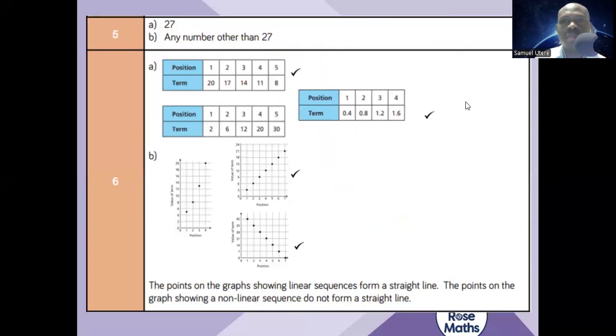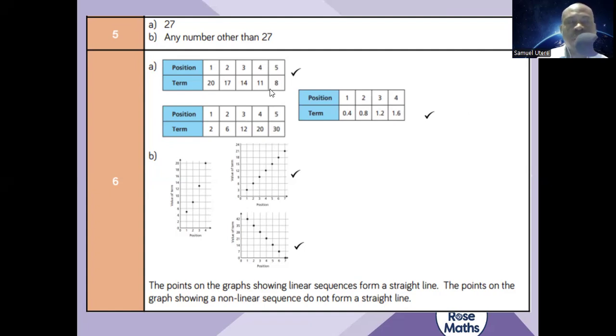Question 5. Any number other than 27. Basically, you just needed to write any number that would make it not be a constant amount, so it will change by a different amount.